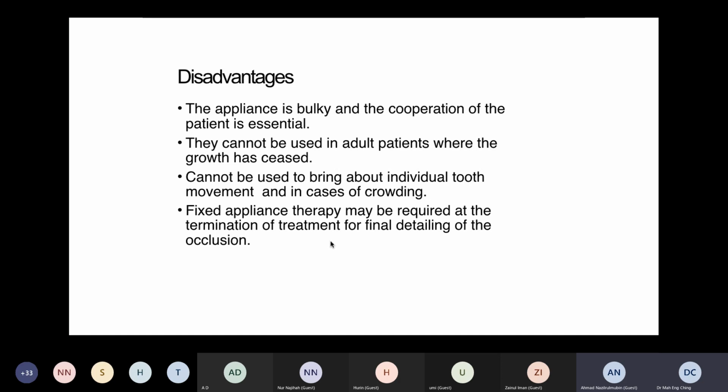So maybe after the functional appliances, the patient still has to start the fixed appliance for final detailing of the occlusion. So sometimes myofunctional is just the first phase of the treatment, followed by the second phase, which is the fixed appliance to tidy up the occlusion or to make the occlusion perfect.